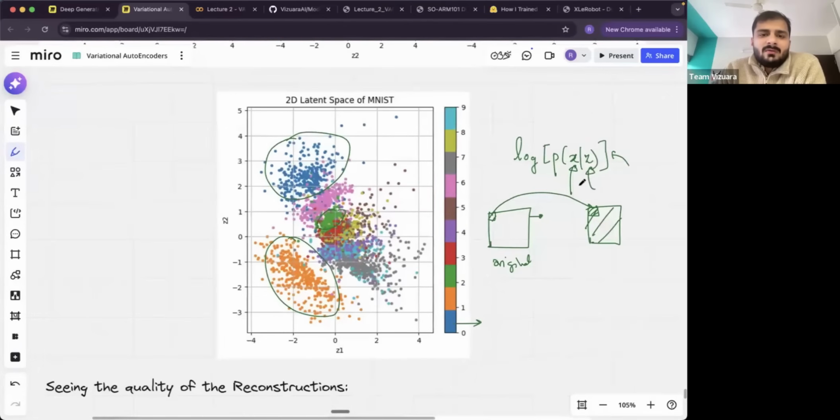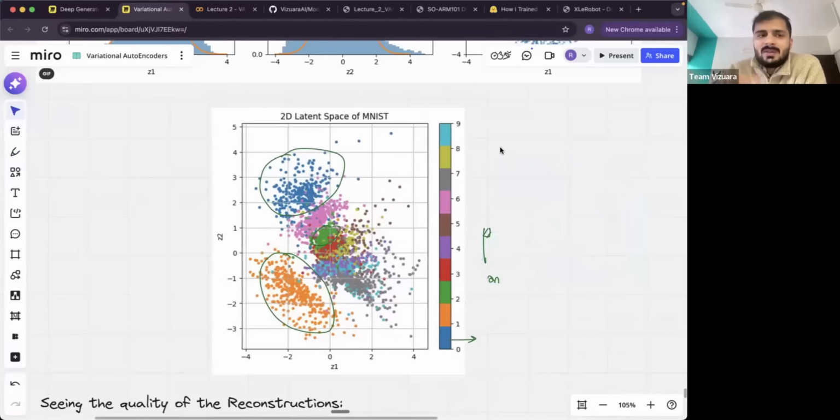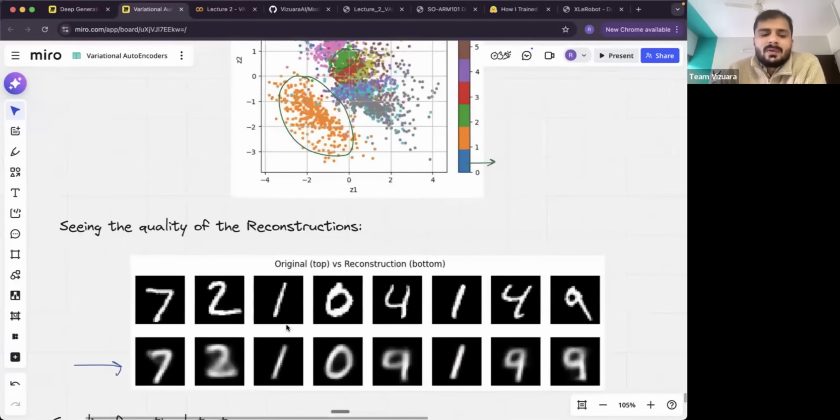Okay, so if you look at the latent space, it looks something like this, which was the initial hypothesis that we started out with: that we want to map every single image to a distribution in the latent space, which is what we are getting. And then you can reconstruct using the decoder.